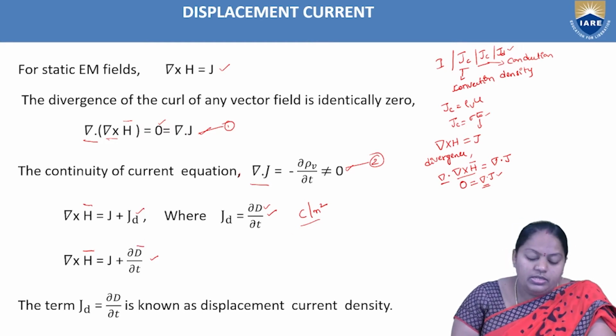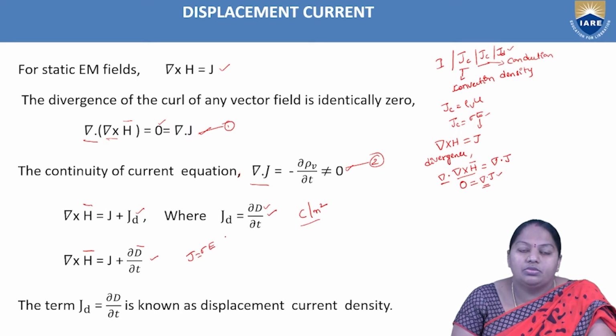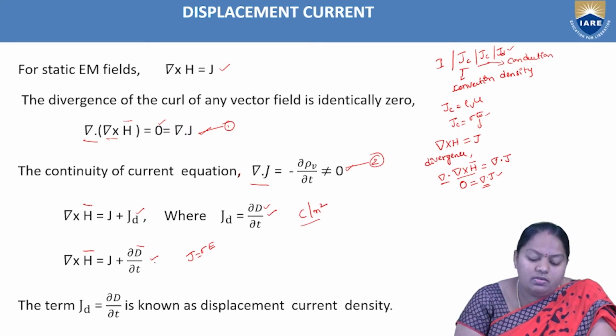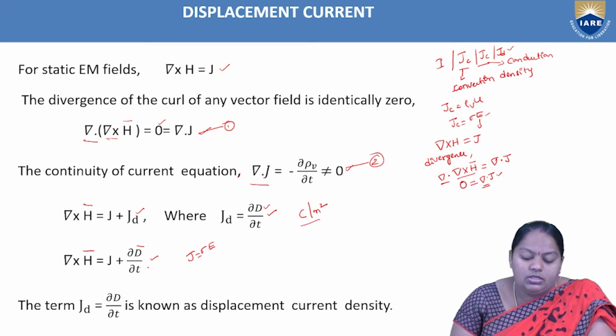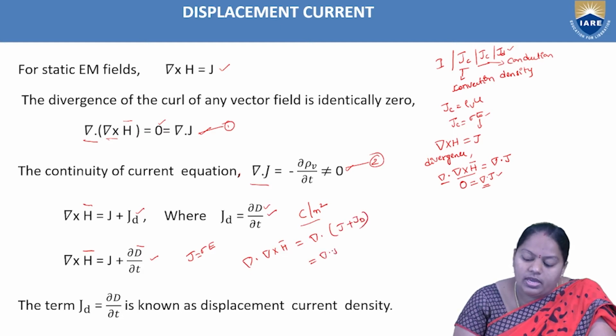J is the conduction current density, and according to that, the formula is J equal to sigma into E. Now if you take the divergence on both sides of this equation, then it becomes del dot del cross H bar equal to del dot J plus del dot JD.